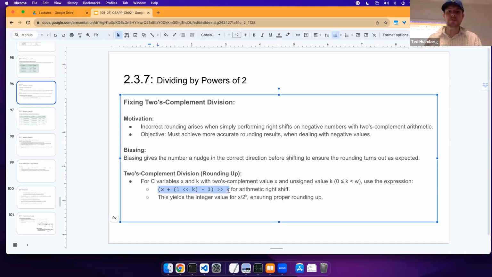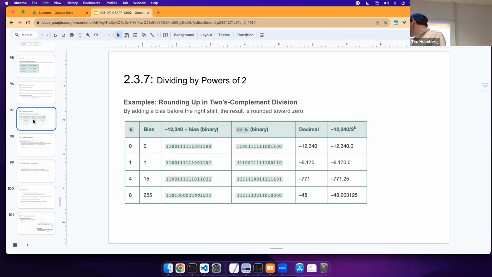It's based off of whatever K is for our shifting terms. So it's expressed inside of this equation here, which ends up resulting in something that's very meaningful. That's why it's increasing when we're shifting more bits, because it's readjusting based off of how many bits you have to shift in order to truncate to a value that actually lines up between our fractional number and the integer representation in a signed format.